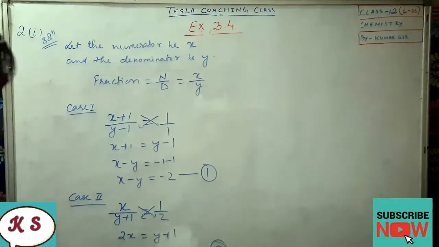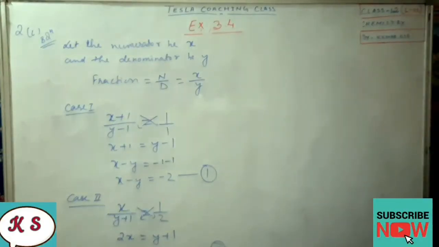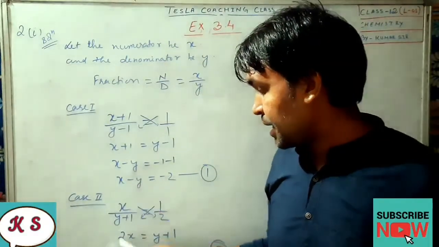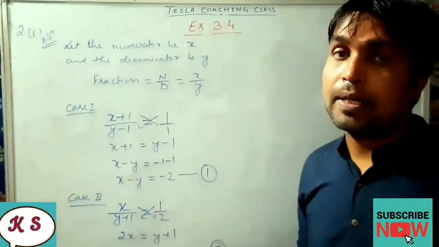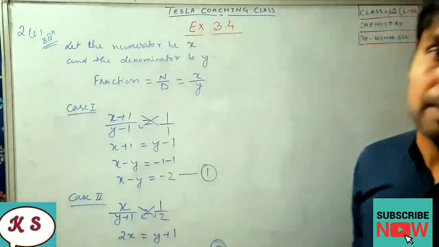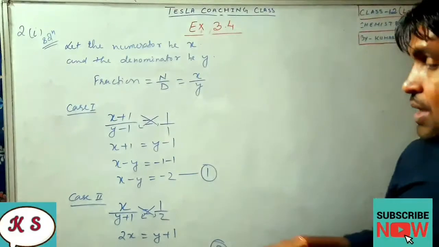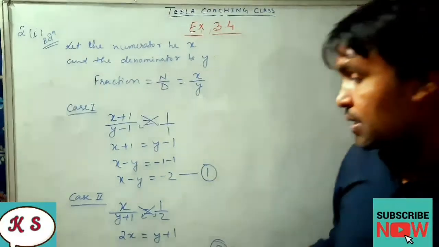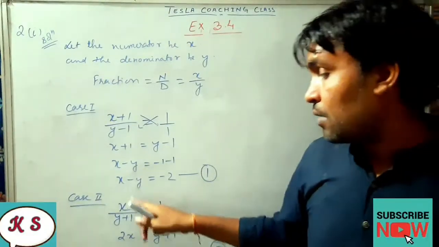Okay, got it? So dear students, now we are going to do the elimination method, but before doing multiplication and all, let's first see what the conditions are. Here it is x, here it is 2x, both are not equal. Here it is minus y, and this one also is minus y. So there is no need to go for multiplication. As I told you in the last question, if the terms which we are going to eliminate are the same and the sign is also the same, then we subtract.